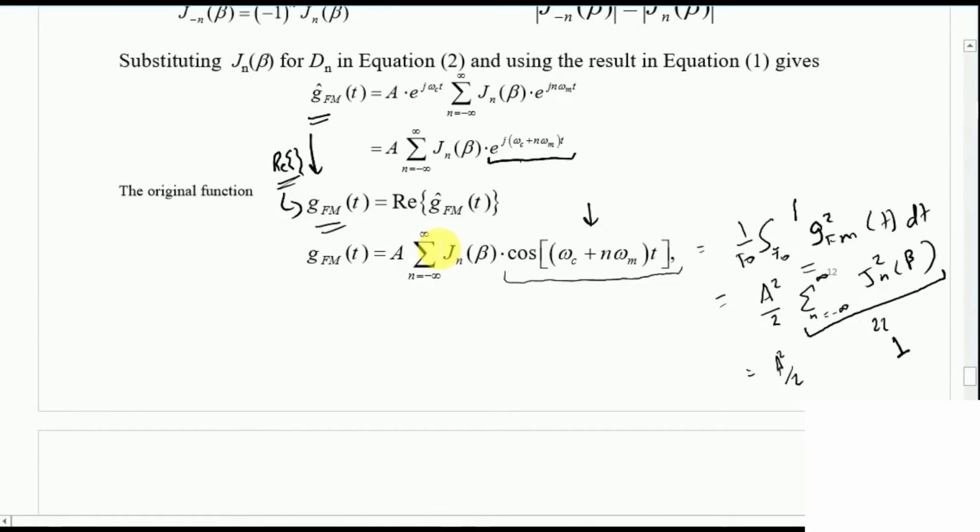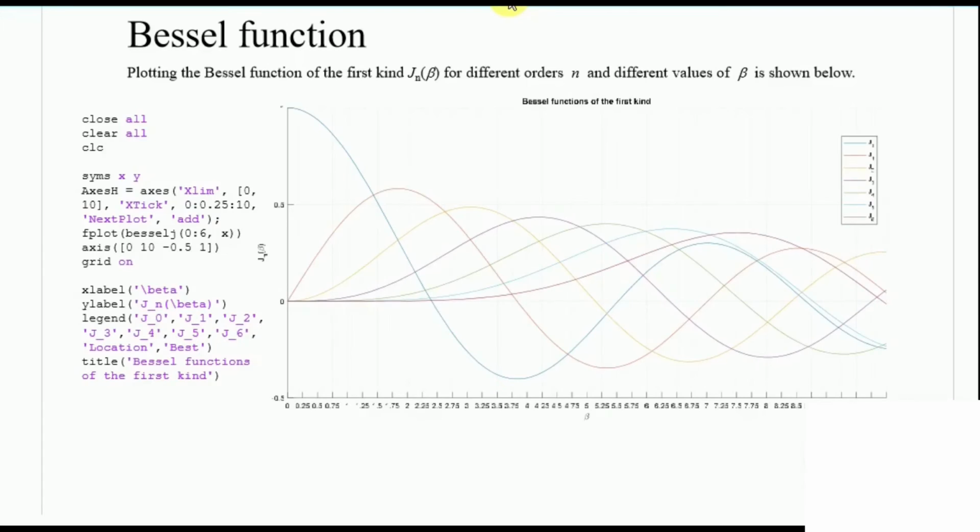We will be deliberating on some aspects of the Bessel function, how it can be used in frequency modulation, and how we can analyze the systems. So we'll start with a small simulation in Matlab to plot the Bessel function. This over here is Jn of beta.